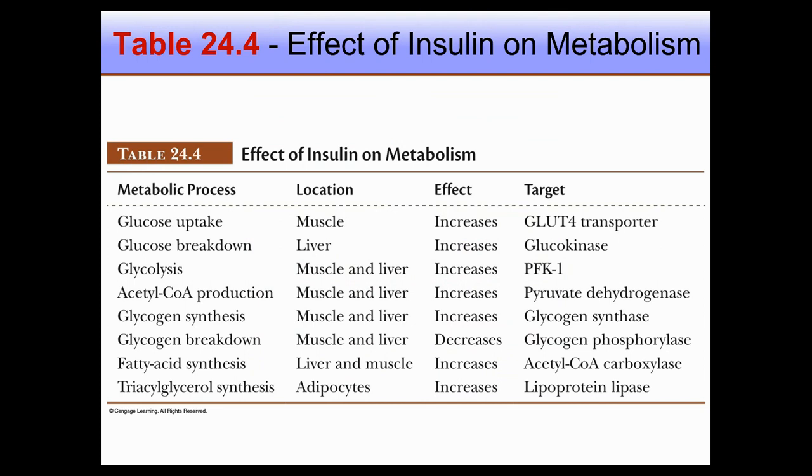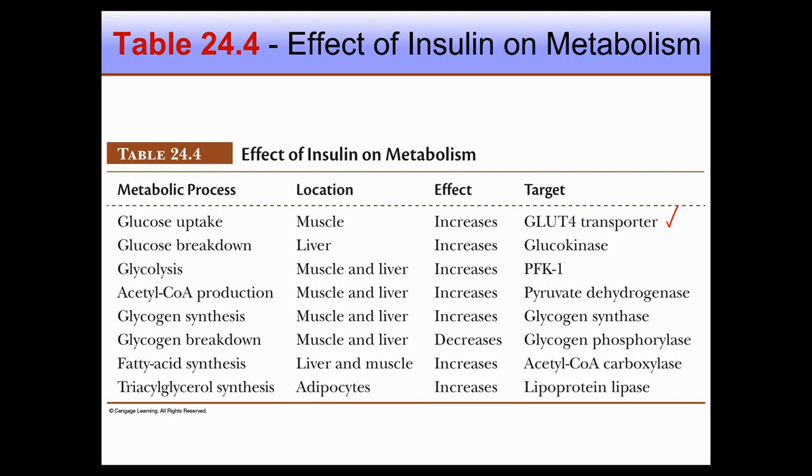All right, so here are all the things that insulin does on metabolism. Highlights, so I won't read all of these, but some highlights is that it promotes glucose uptake in muscles, and the target is the GLUT4 transporter that we talked about. Okay, so that's important.